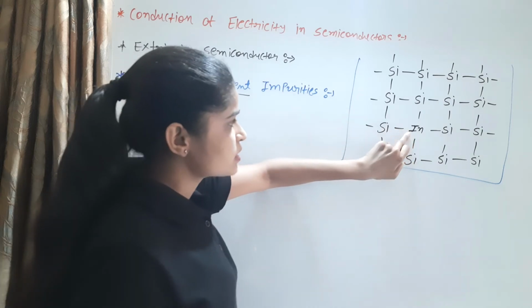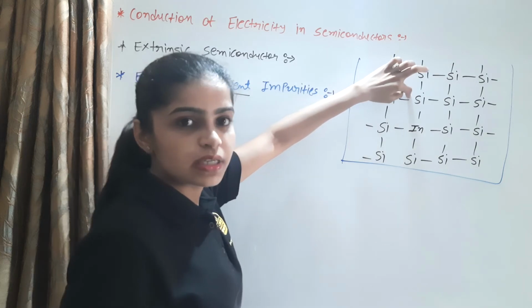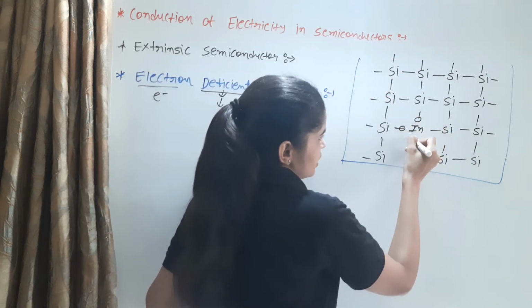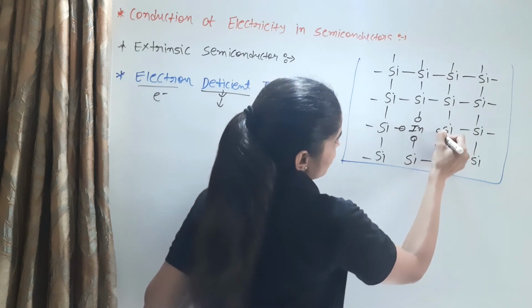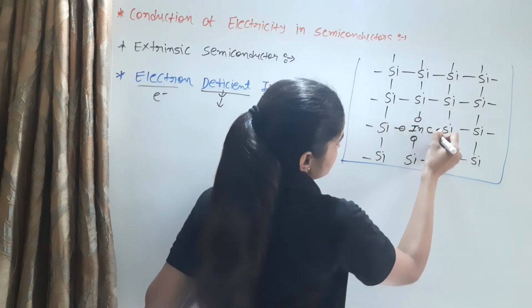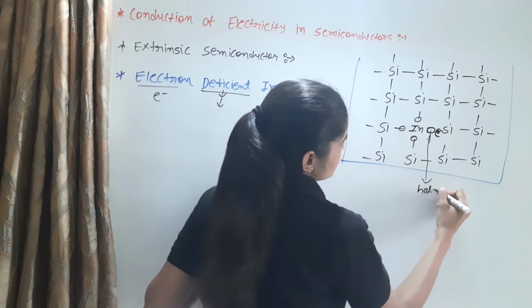For example, this indium, 3 electrons are used for bonding with silicon. These 3 electrons, 1, 2 and 3. And in this bond, silicon has 1 electron, this 1 electron, and this is vacant. It's known as the hole.